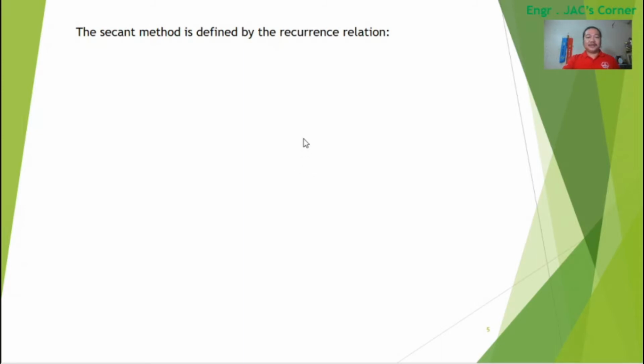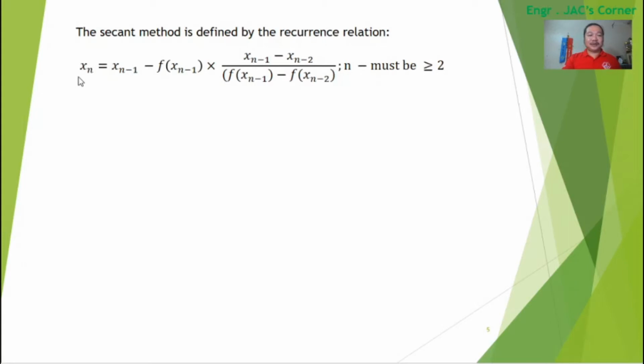The secant method is defined by the recurrence relation, which is this equation: x sub n is equal to x sub n minus 1 minus f of x sub n minus 1 times x sub n minus 1 minus x sub n minus 2, divided by the difference of f of x sub n minus 1 minus f of x sub n minus 2, where n must be greater than or equal to 2, a minimum of 2.